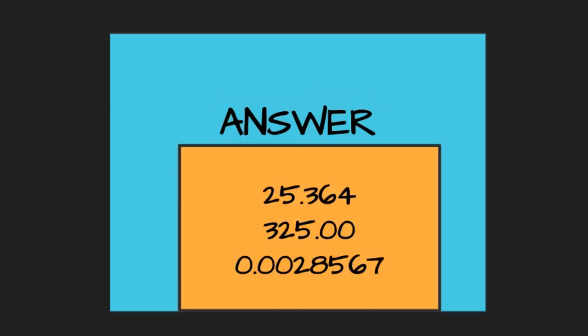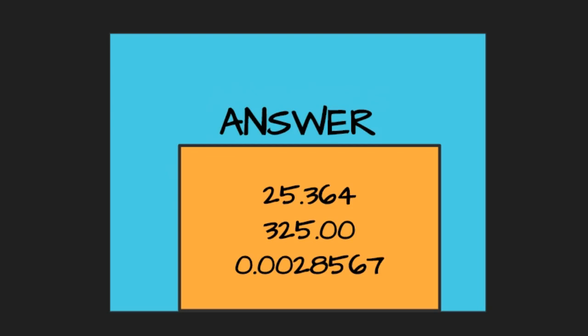Let's talk about what that would look like. So if you have a 12-digit answer that pops up on your calculator, just write down the first 5. So like 25.364. If it is shorter than a 5-digit answer, go ahead and fill in the rest to get to 5 digits. So for instance, if you've got 325, let's put 325.00 to show me that you were thinking about 5 digits.